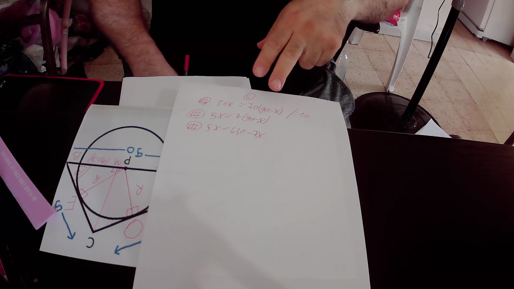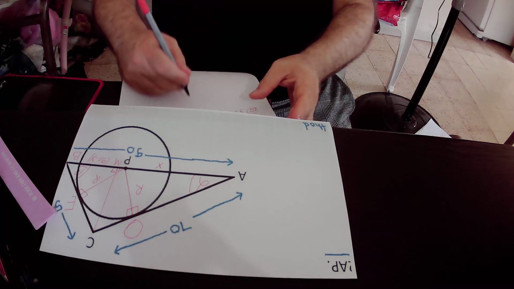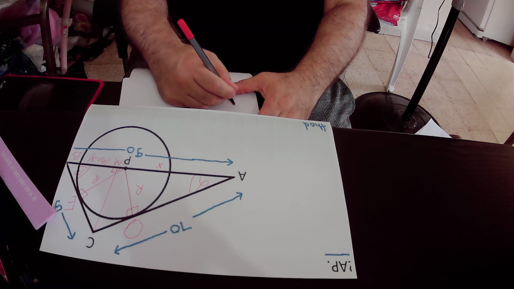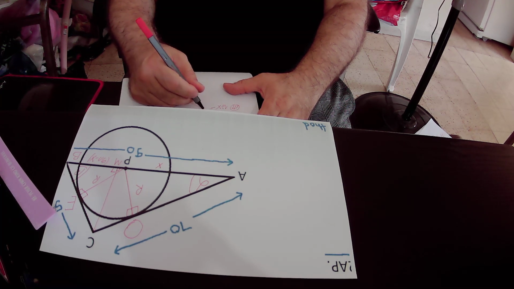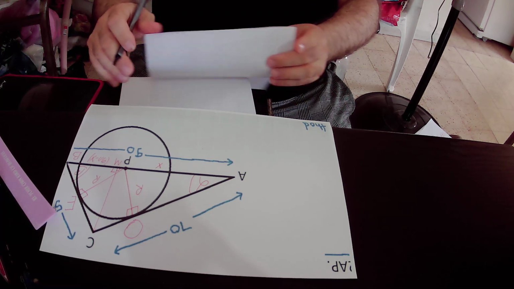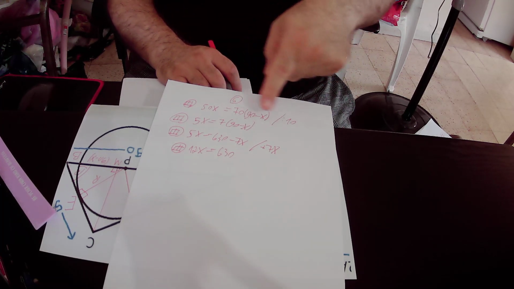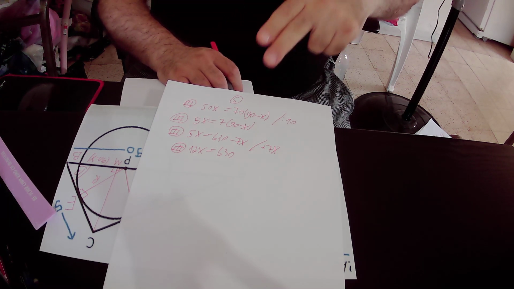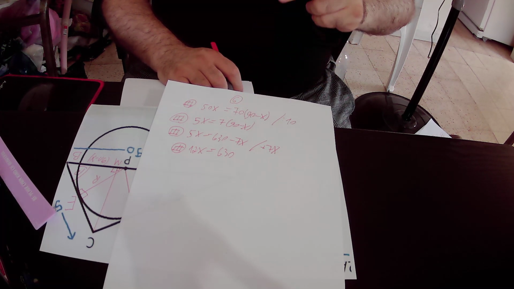In the next step, we will add 7x to the equation. So we added 7x to the equation. 5x plus 7x equals 12x, and 630 minus 7x plus 7x equals 630.